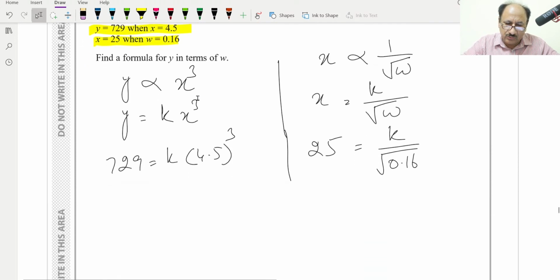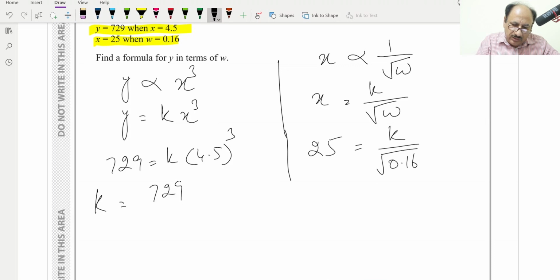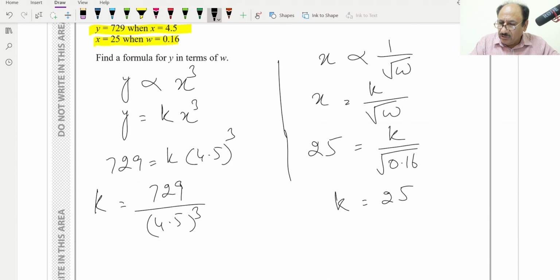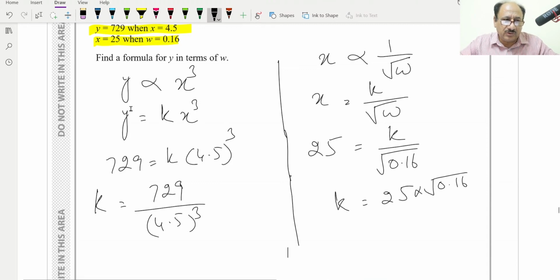Now we can solve this one, and this will be k is equal to 729 divided by 4.5 raised to the power 3, and this side will be k is equal to 25 multiplied by square root of 0.16, and these k values we can calculate.